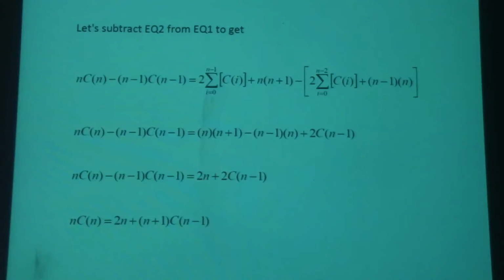So we still have this right here. And now we recognize that we have C of n minus 1 occurring here and also occurring here. We have minus n minus 1 of them, so we can add n minus 1 of them here. When we add the coefficients 2 and n minus 1, we have n plus 1 times C of n minus 1. Does everybody see that?